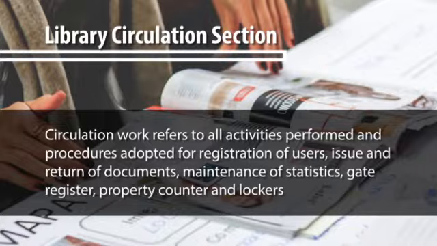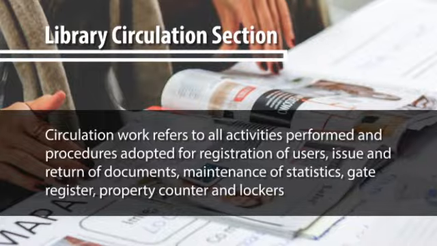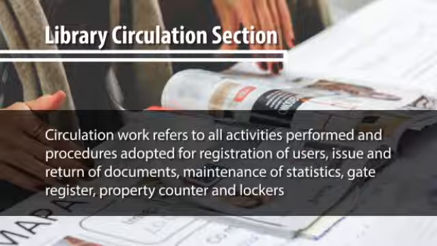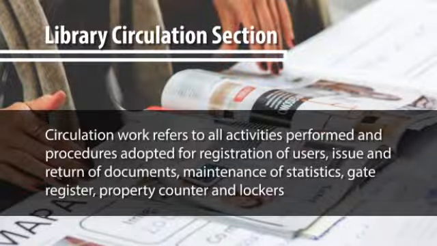We maintain records of the regular users, that means the users of the institution. We maintain registers for those users who are not of the institution, but who are coming for reference purposes or for research purposes in the library from other institutions. So proper records are maintained at the circulation section.